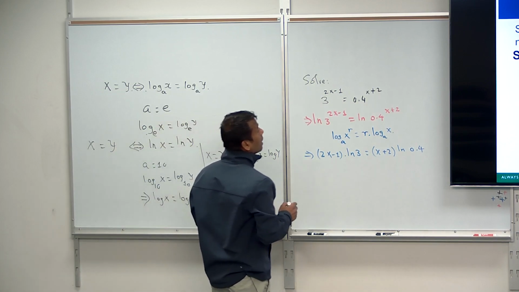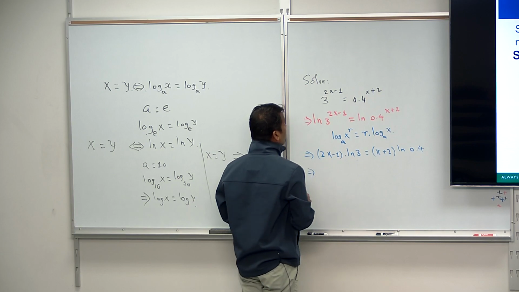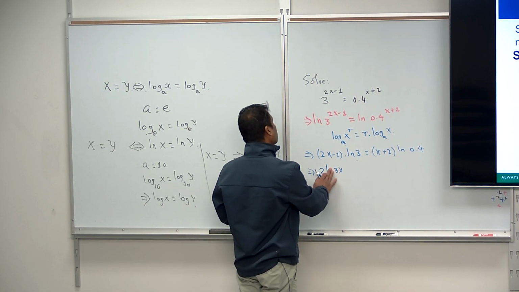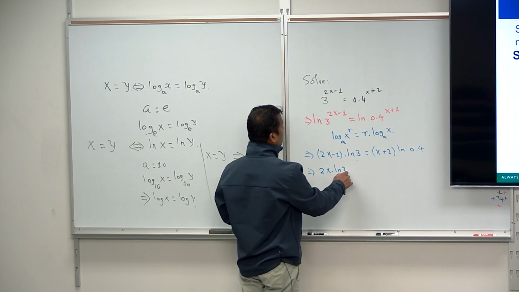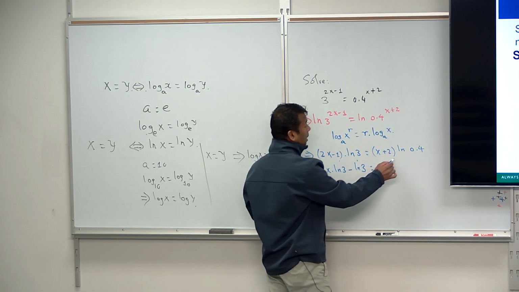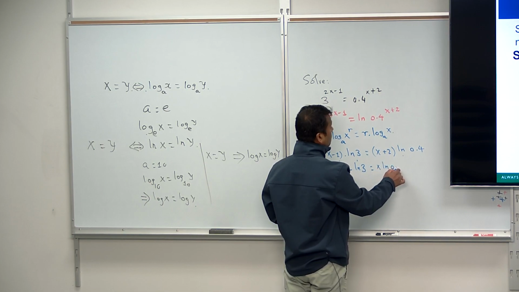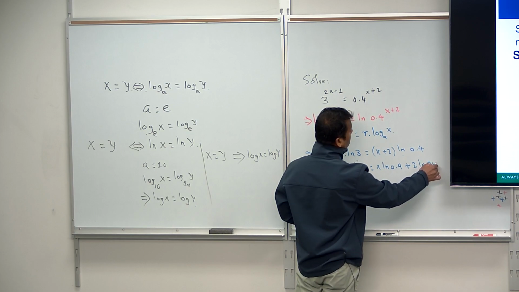So you need to find the value of x. You distribute this ln 3, so it's going to be 2x times ln 3 minus ln 3 times 1 is ln 3, and ln 0.4 times x is x times ln 0.4 plus 2 times ln 0.4.